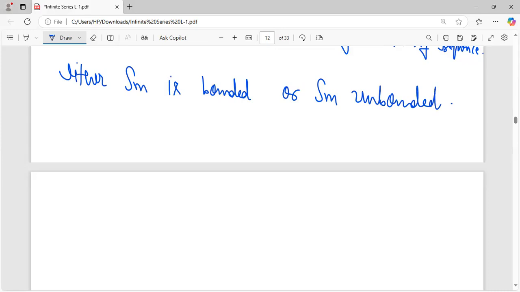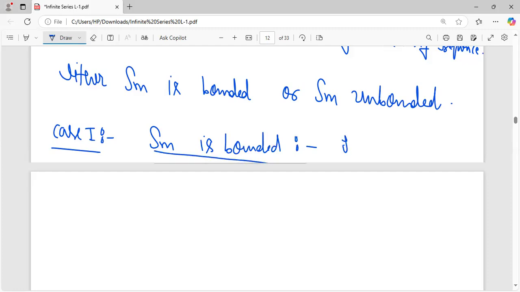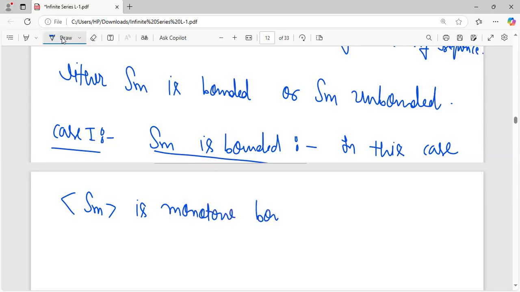Now, case first, Sm is bounded. Now, in this case, Sm is a monotone bounded sequence.